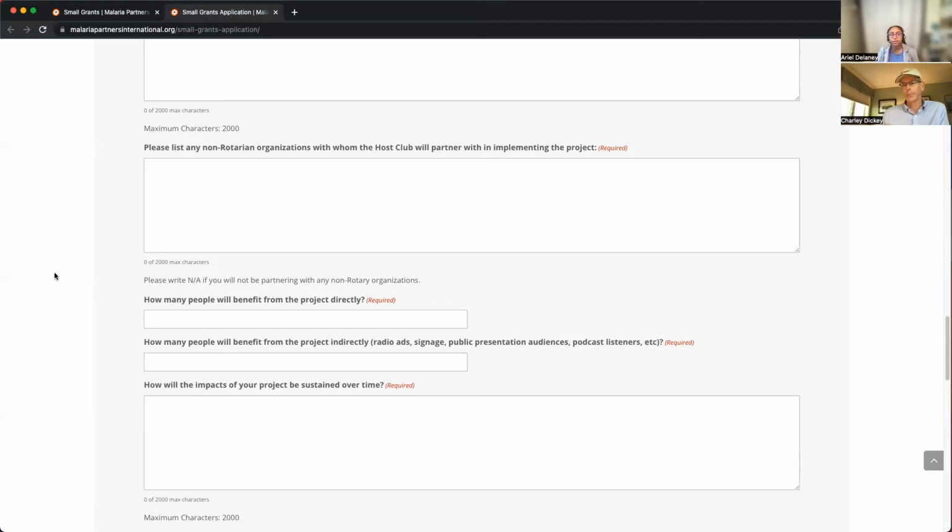Excellent. And then as I look at this application, I see there are required questions about folks benefiting directly and indirectly. As a Rotary Club is preparing their application, how do they go about actually identifying what numbers are there and confirming if those are indeed the correct numbers to be putting down?